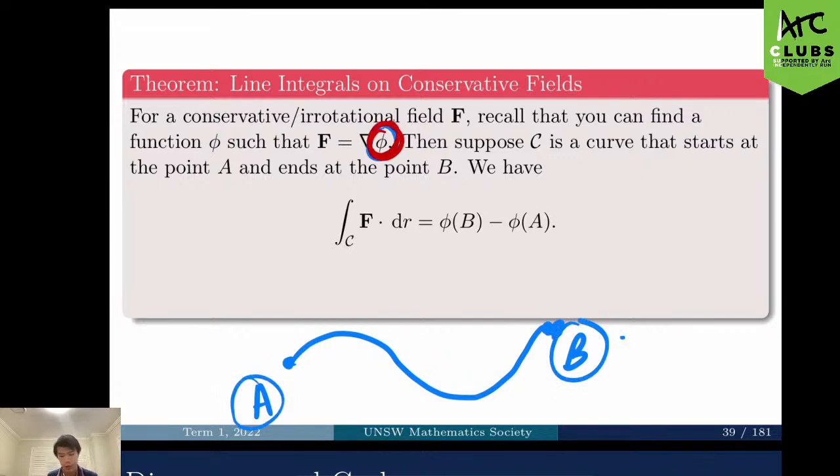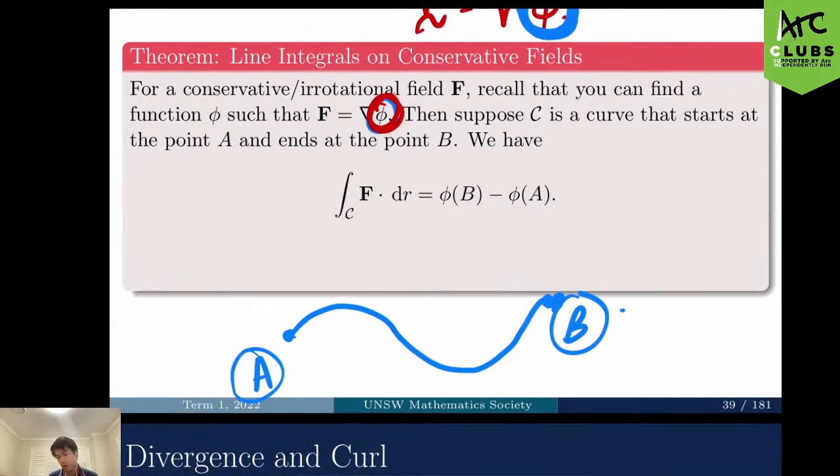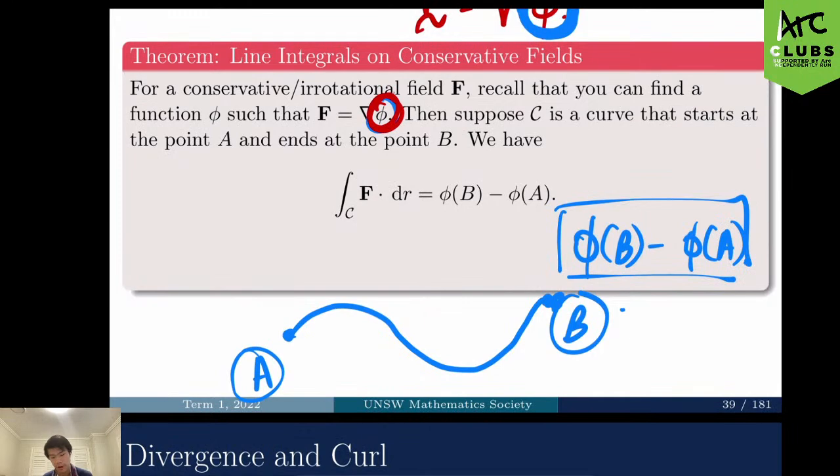This is like the antiderivative, because we're saying that f is equal to the gradient of phi, which means that this is like the derivative. Then we can do the exact same thing as we would in a 1D function: phi of b minus phi of a. So that's pretty good.